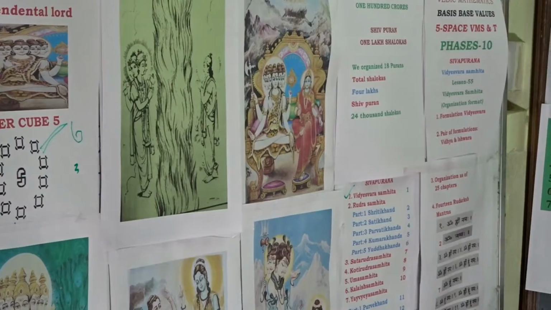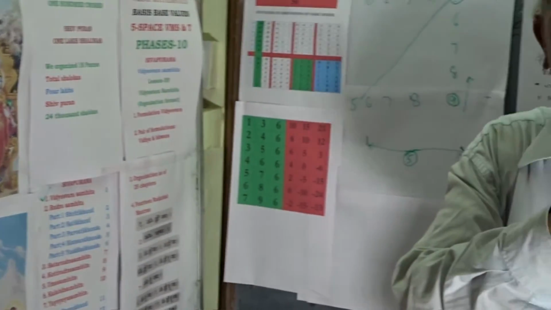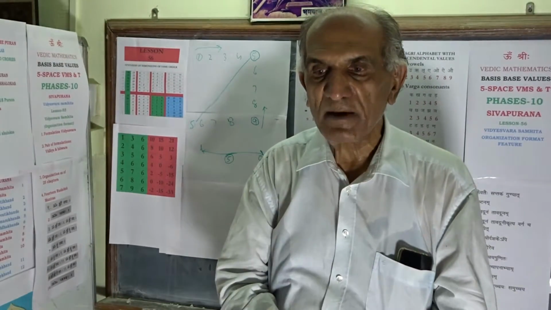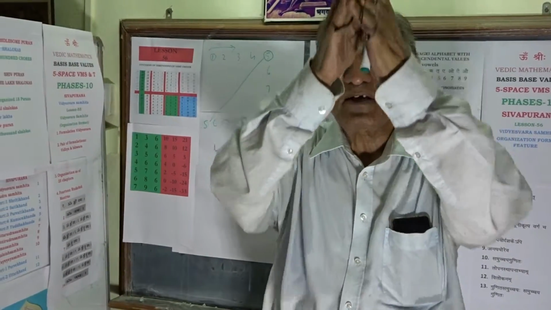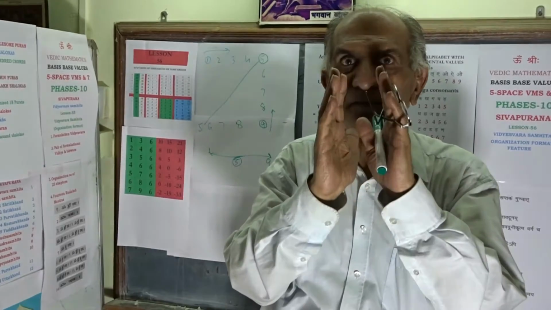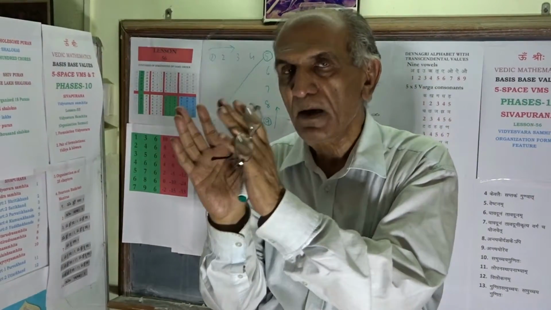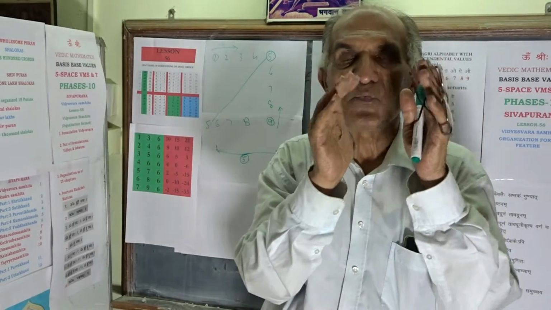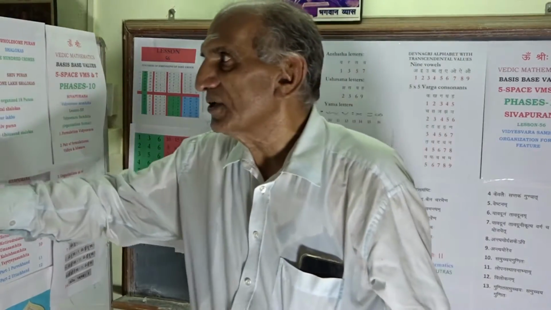Both Lord Brahma and Lord Vishnu are having a transcendental fire pillar in between, a five space in between, and neither Lord Brahma nor Lord Vishnu is in a position to fathom the depth or the height of this.